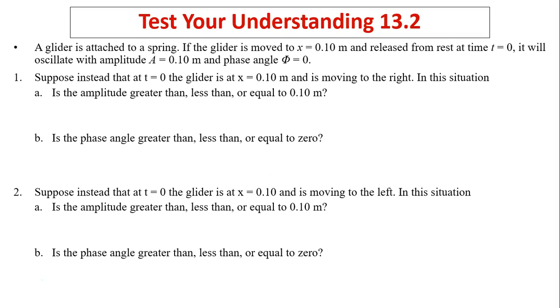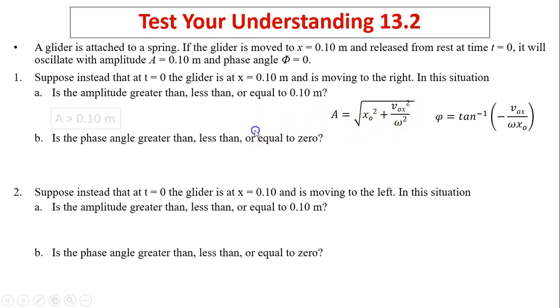Suppose instead at t equals 0, the glider is at x equals positive 0.1 and is moving to the right. In this situation, is the amplitude greater than, less than, or equal to 0.1? Well, amplitude equals the square root of x naught squared plus v naught x squared divided by omega squared. We know x naught is 0.1, v naught x is non-zero, so A has to be bigger.